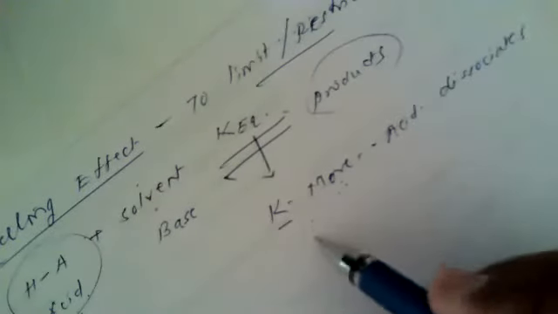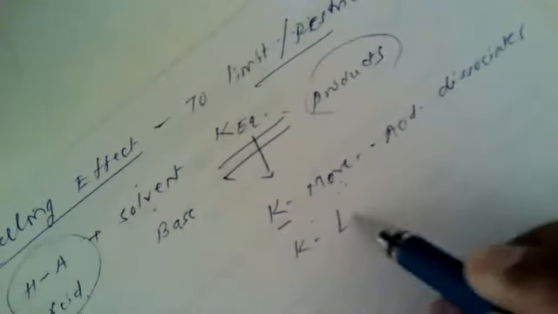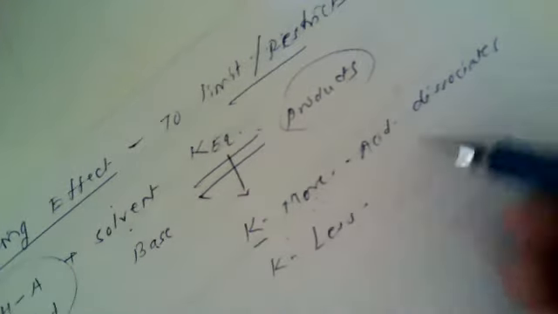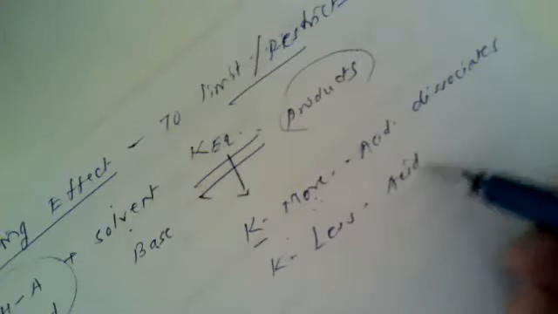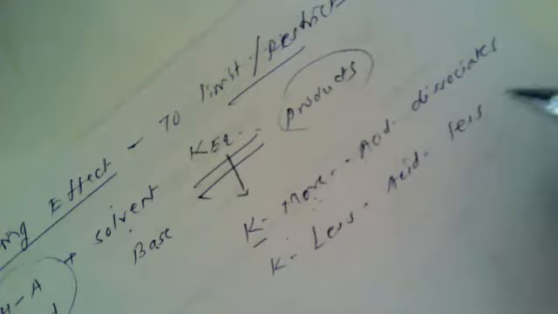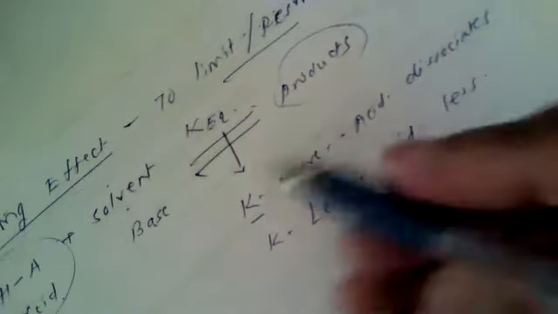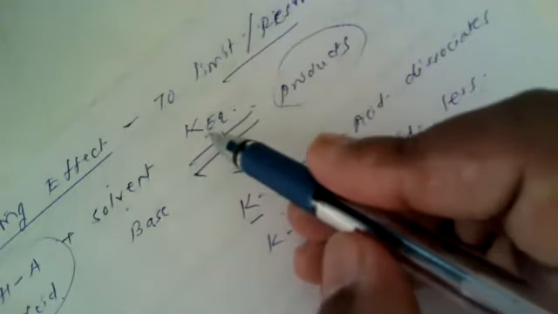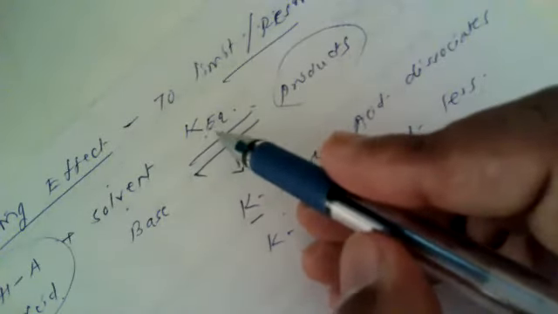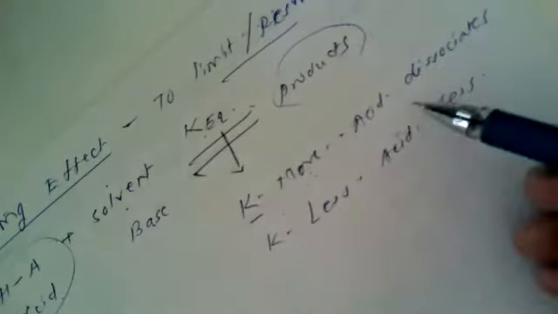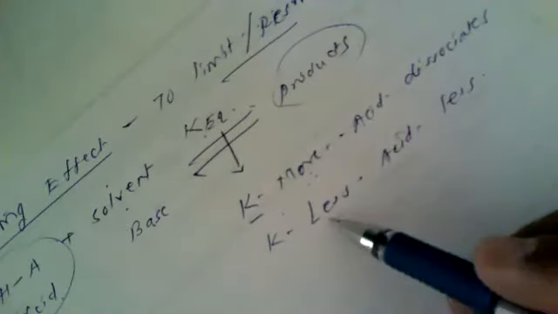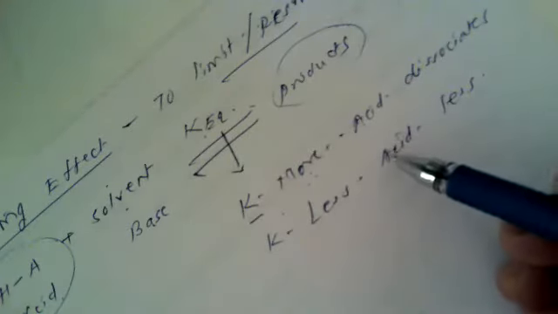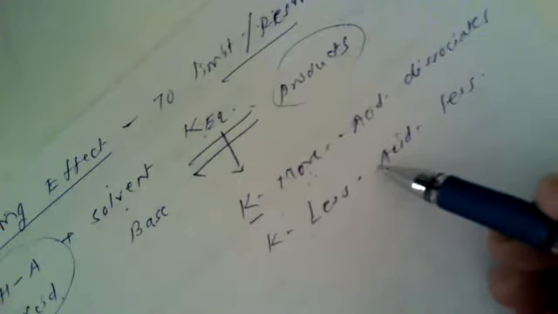If the value of K is small, the dissociation of the acid is less. If the value of K obtained at equilibrium is low, then the acid is capable of furnishing only a few H plus ions during the course of a reaction.